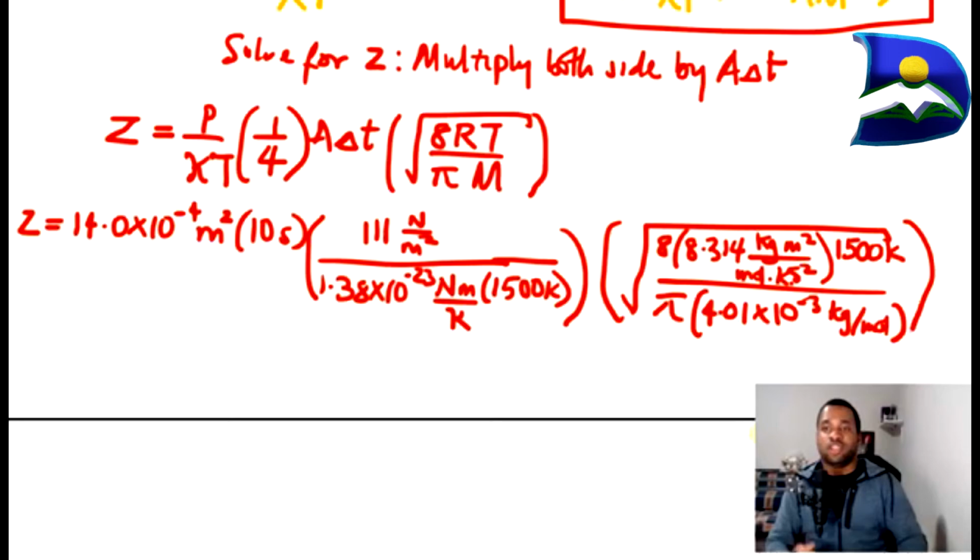And so for our Z, we are going to evaluate the units and also evaluate the constants in all these expressions. Focusing here on the units, we know that our meter squared is going to cancel out our meter squared. In this part, our Newton will cancel our Newton. Our kelvins will cancel our kelvins.